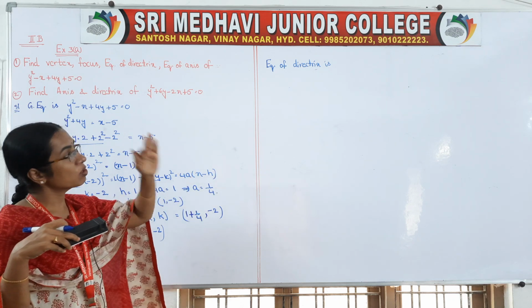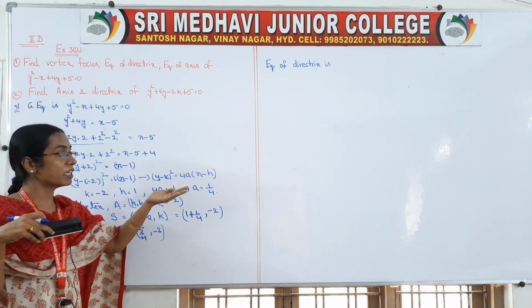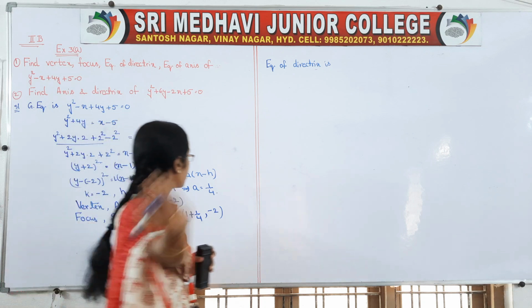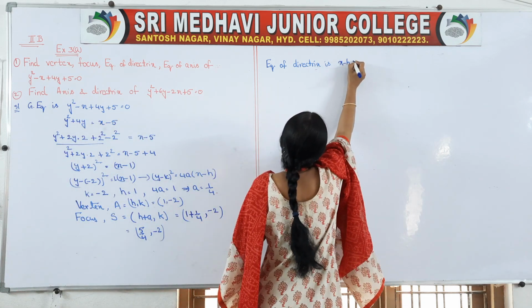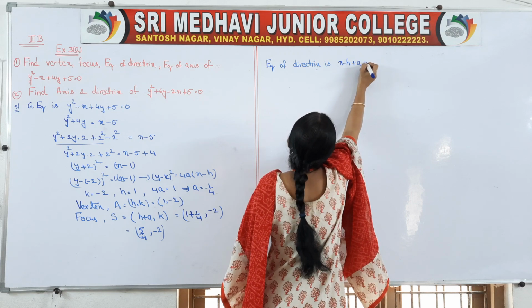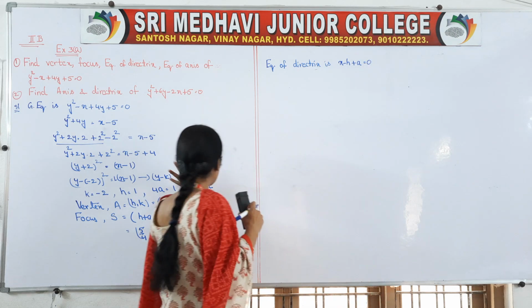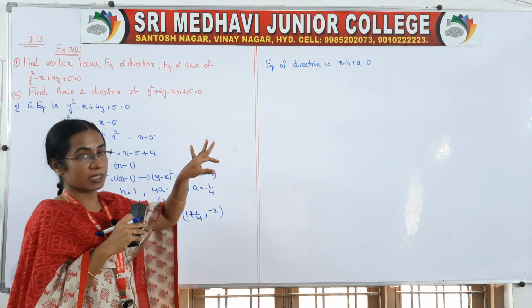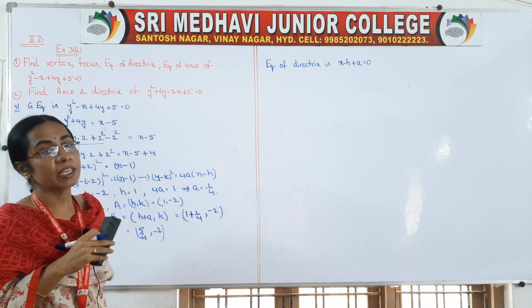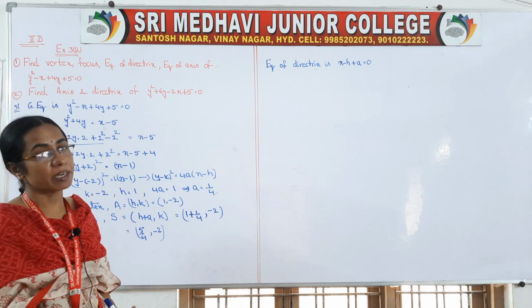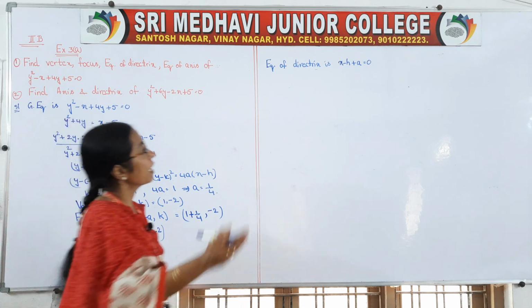If it is positive, plus a. If it is negative, minus a. So what is the directrix equation? It is x minus h plus a is equal to 0. If this value is positive, plus a. If this value is negative, we have to take minus a. Like that we can remember that formula, right?